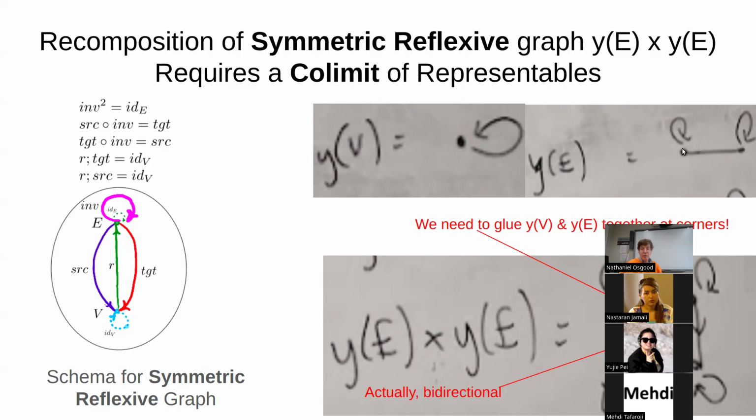So each of these vertices has a reflexive edge around them. And for V, you also have that reflexive edge. So I think this is correct, and I think this is built out of those pieces.